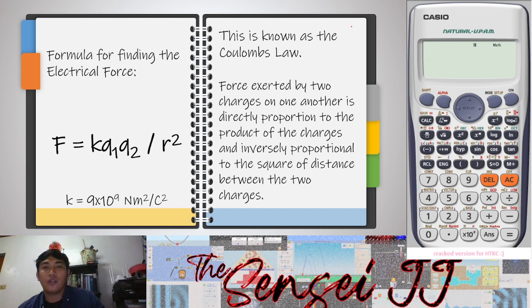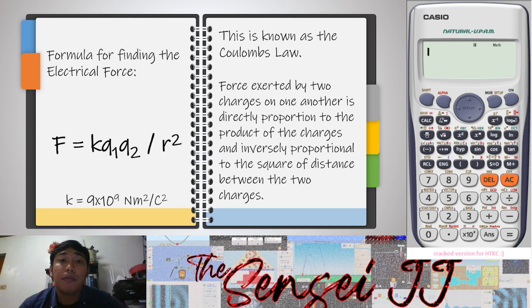Okay. So force exerted by two charges on one another is directly proportional to the product of the charges and inversely proportional to the square of the distance between the two charges. Okay, guys, take note. I will be reading this again.